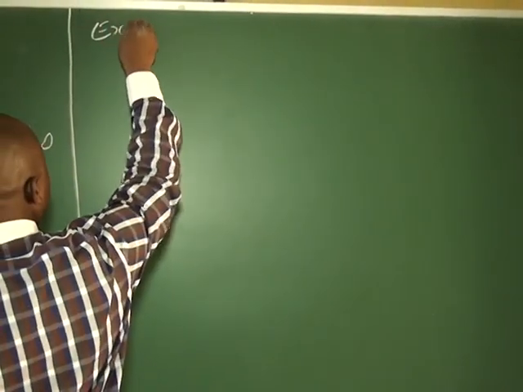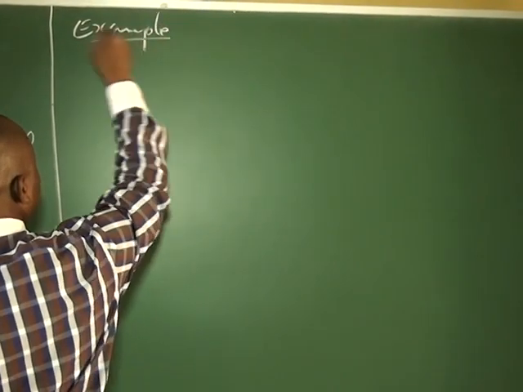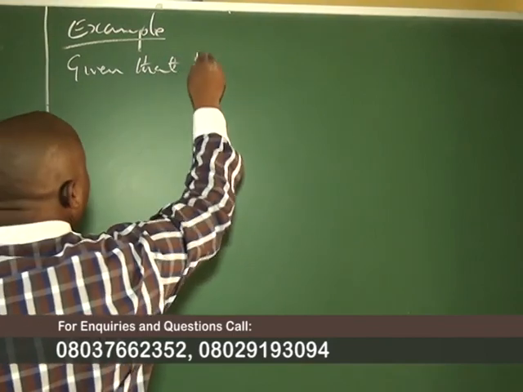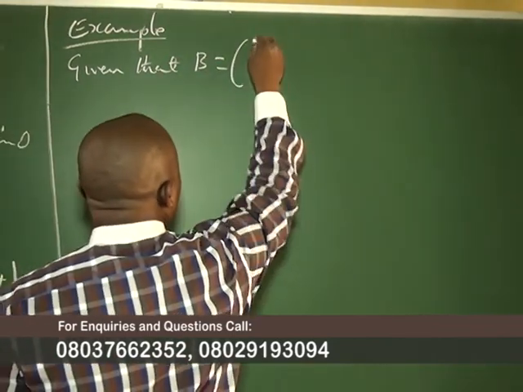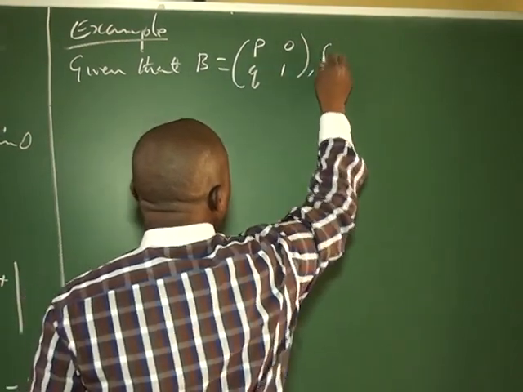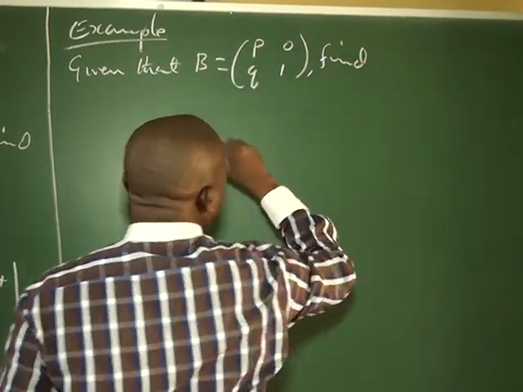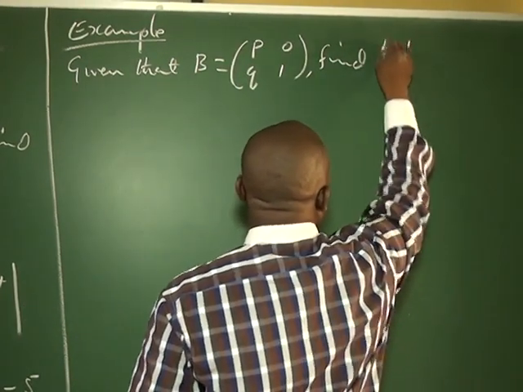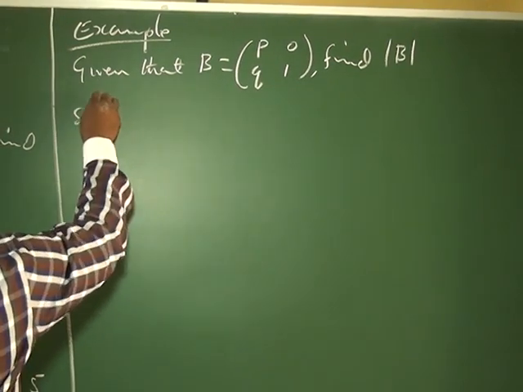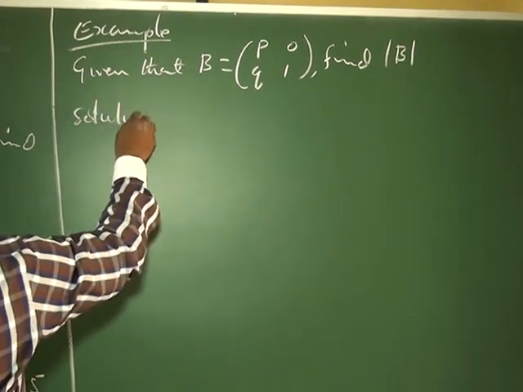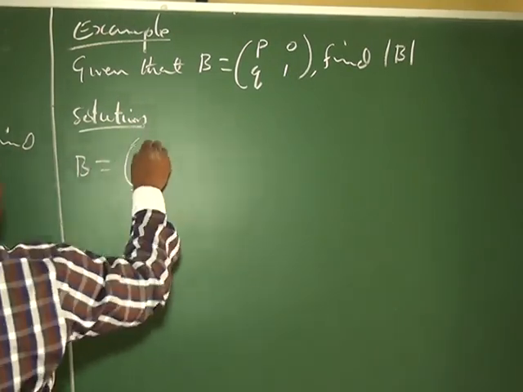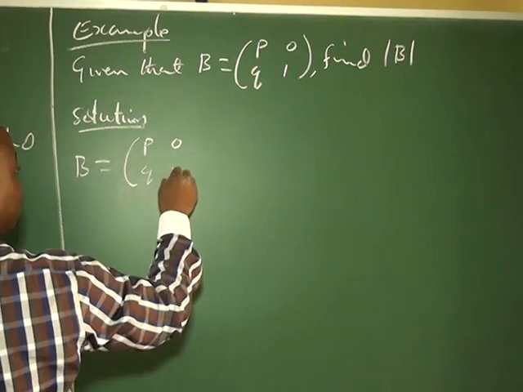Example. Given that matrix B equals P, Q, 0, 1, find the determinant of B. All right, so we'll take the solution. B is P, Q, 0, 1.